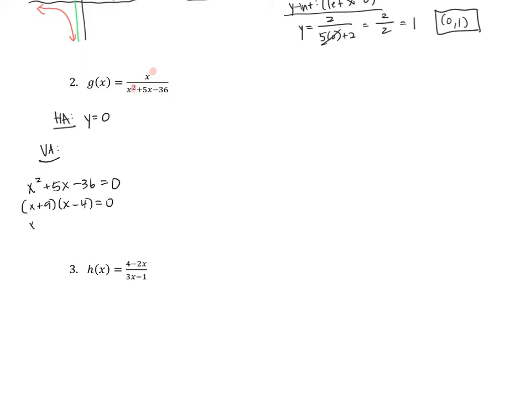So then I have x plus 9 equals 0, which means x equals negative 9. And x minus 4 equals 0. When we add 4 to both sides, we get x is 4. So those are our two vertical asymptotes. X equals negative 9.